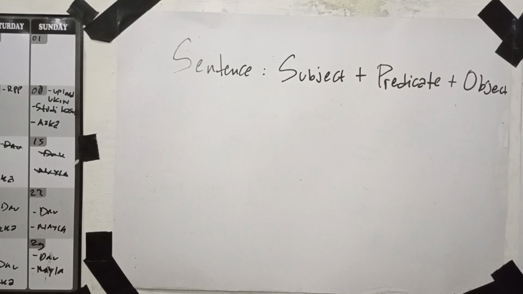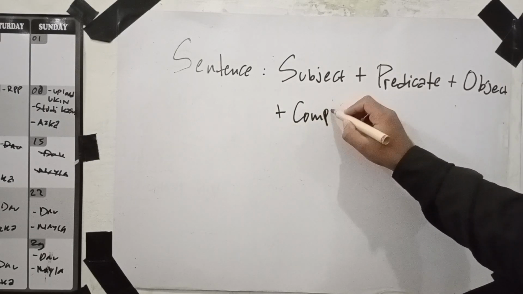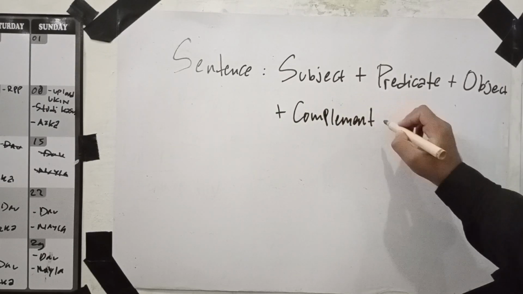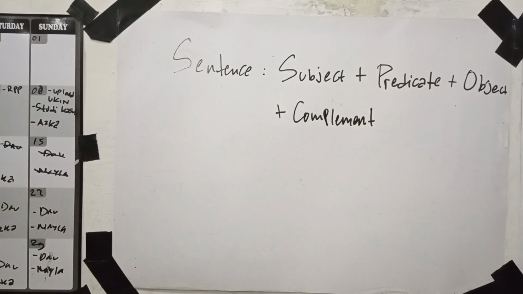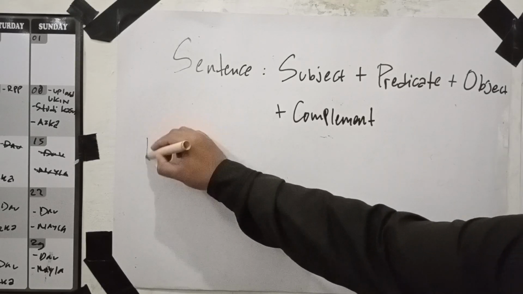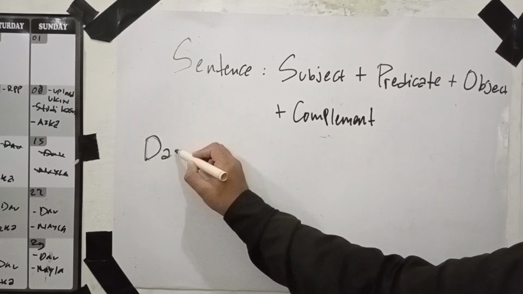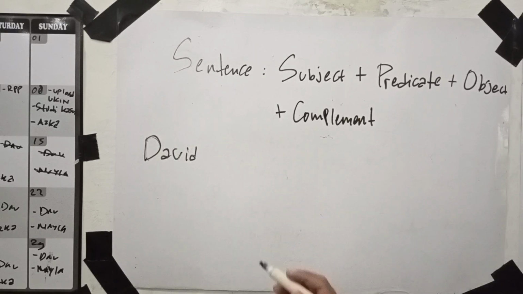It can be only this, but you can also add a complement to add more context, more information to your sentence. Let's use a subject noun first. Let's call it David. Okay, David, that is the subject. We're going to continue with the verb.